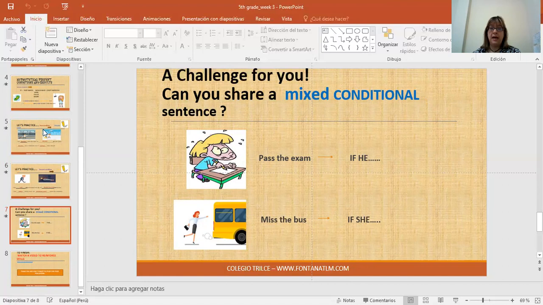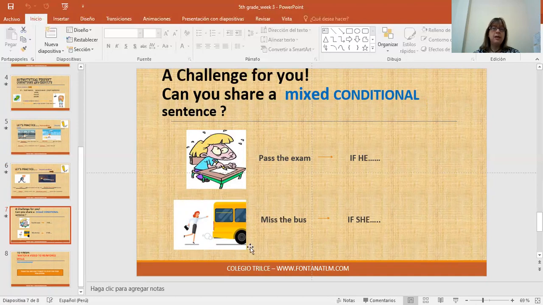If you see his reality now, it's not good. Pass the exam. Down in the other picture it says, miss the boss. Look at the pictures, and I want you to write sentences with mixed conditionals.